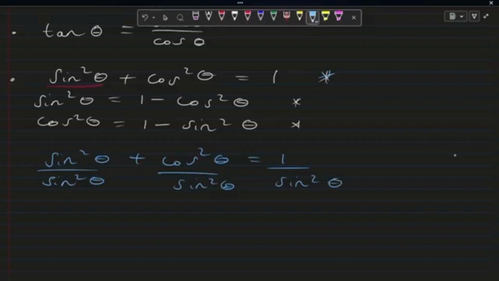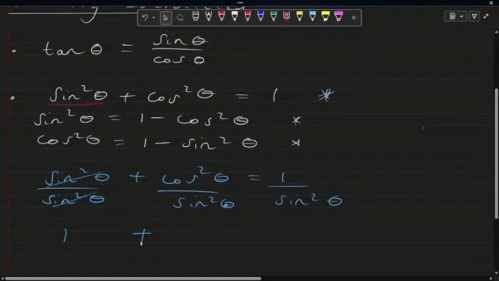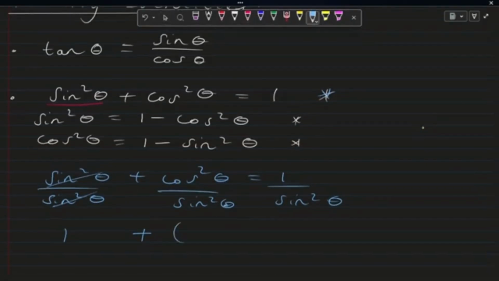Now sine squared theta divided by sine squared theta, these will cancel, we will be left with 1, and then cos squared theta divided by sine squared theta, we can write this as cos theta over sine theta, and then we can just write the square on the outside.